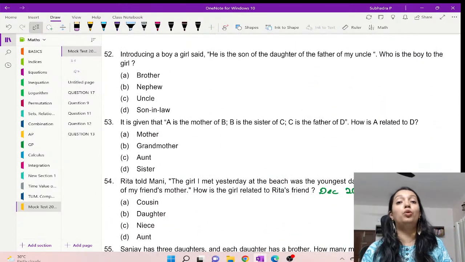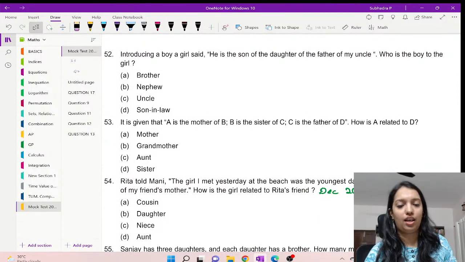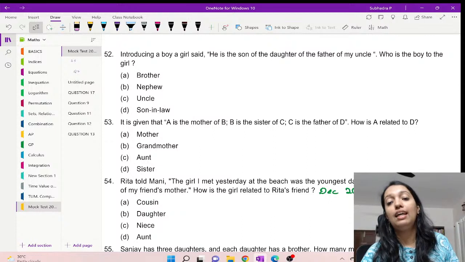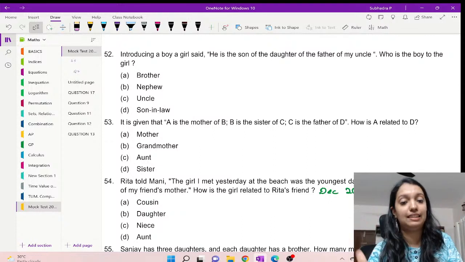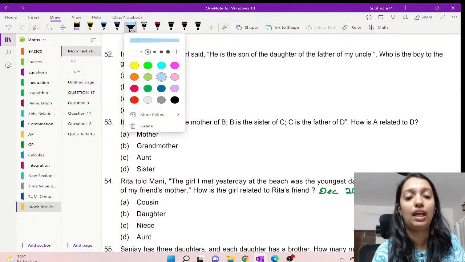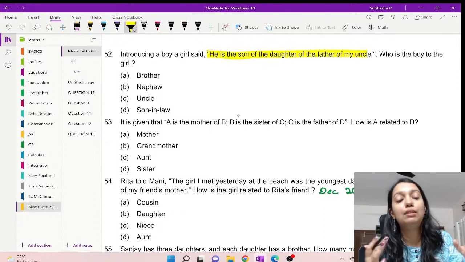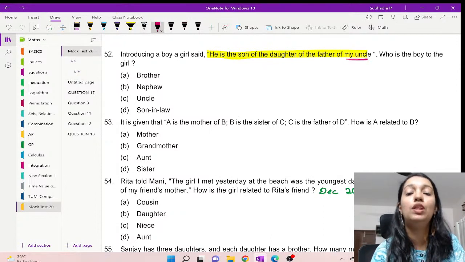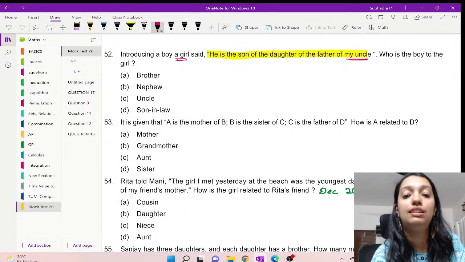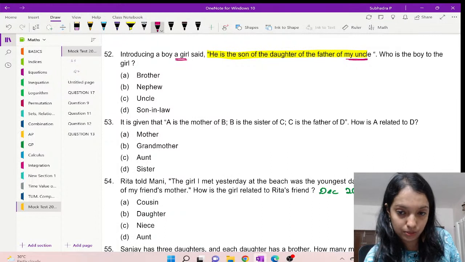Next, this is a type 2 question that we did in class. Introducing a boy, a girl said, he is son of daughter of uncle of my father. Whenever you have such sentences within quotation, you always start your answer from the last part of the sentence. My uncle. Who is speaking? A girl said. So let's start the diagram from the girl.